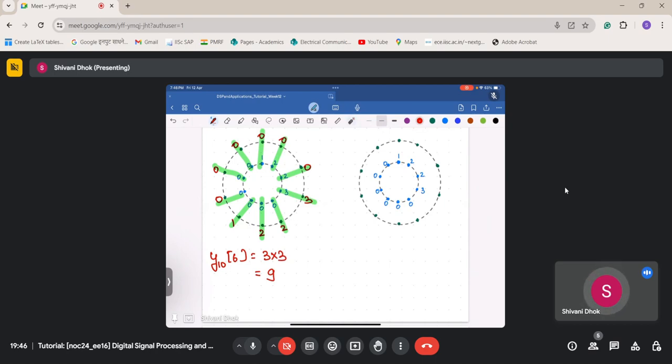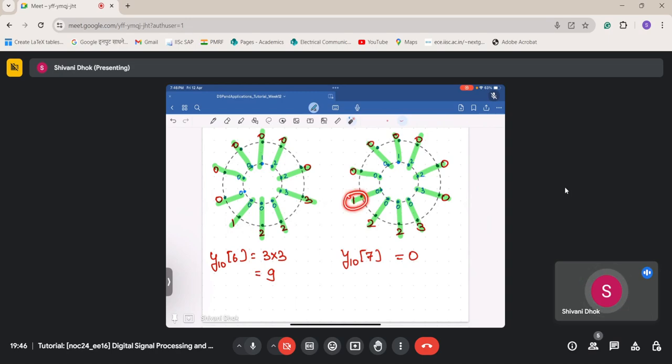So now I am at this location. I'll again shift by 1 point. So now I'll be here. So this is 1, 2, 2, 3, 0, 0, 0, 0, 0, 0. So this is 1 into 0 plus 2 into 0 plus 2 into 0 plus 3 into 0 plus 0 plus 0, 0, 0, 0 and 0. So therefore this y10 of 7 is equal to 0.